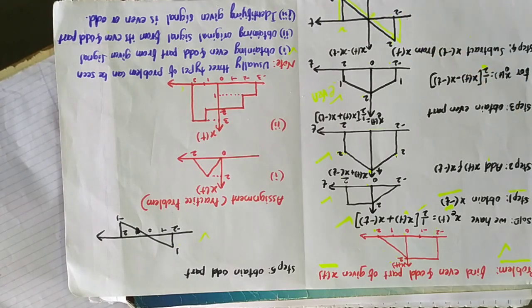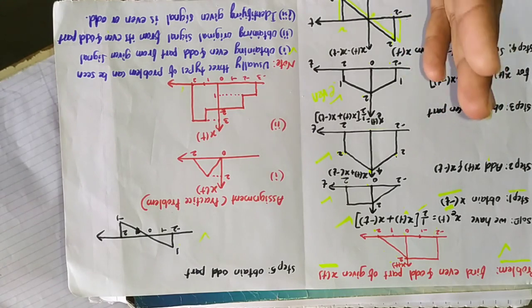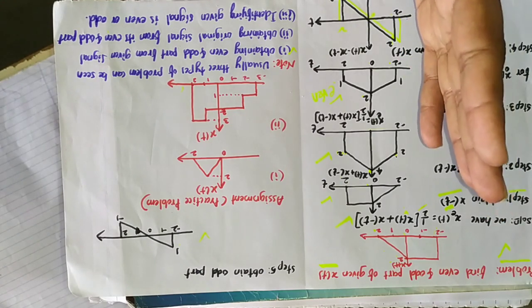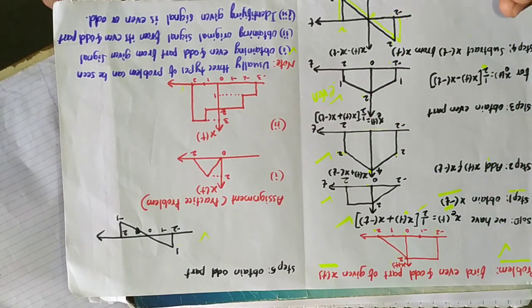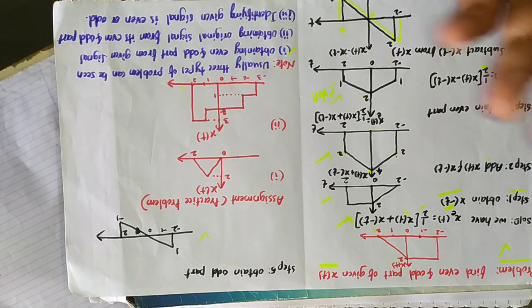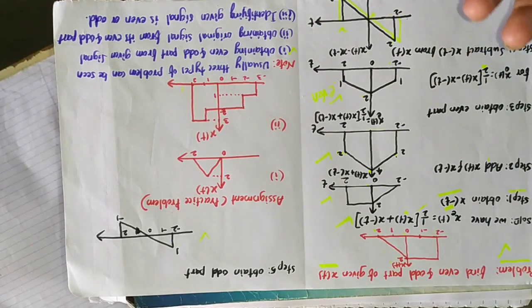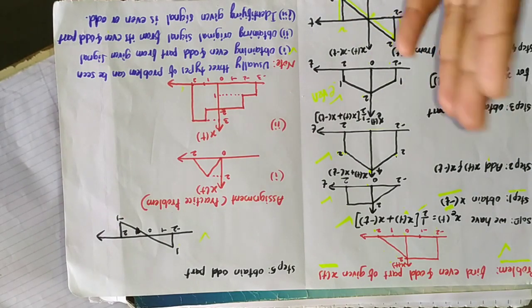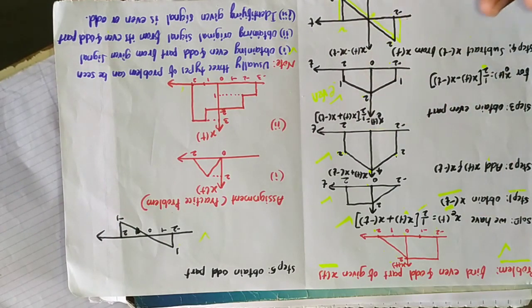If it is an even signal, it will be symmetric about the t equal to 0 or n equal to 0 line; an exact replica will be there. To identify an odd signal, it will be anti-symmetric with respect to the t equal to 0 or n equal to 0 line. That I have already discussed. So this video is only about these types of problems you may get.